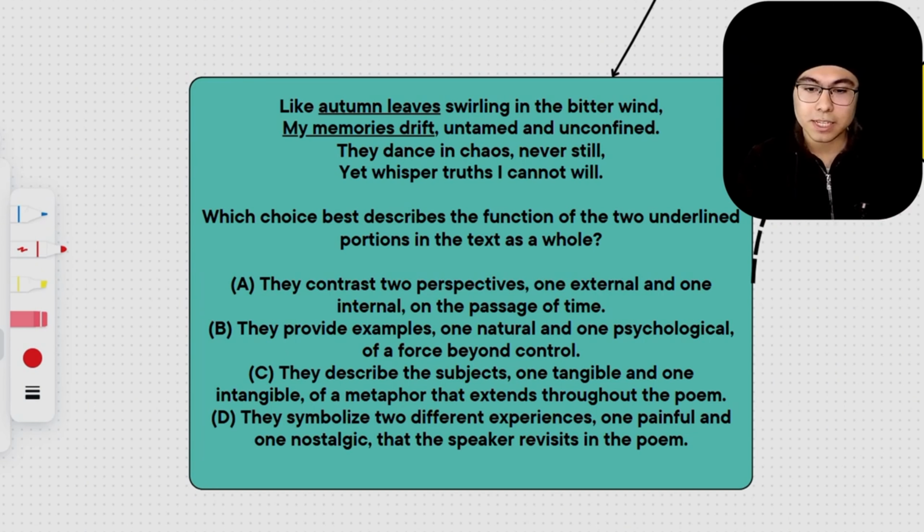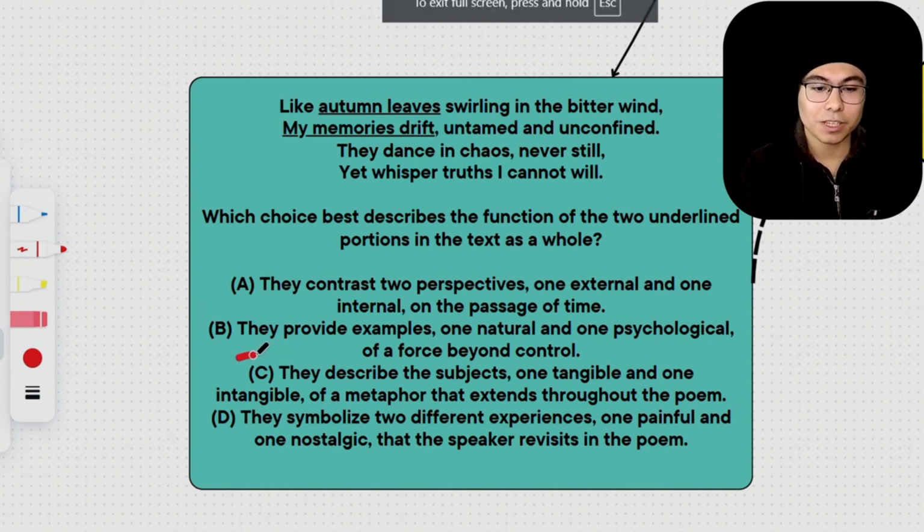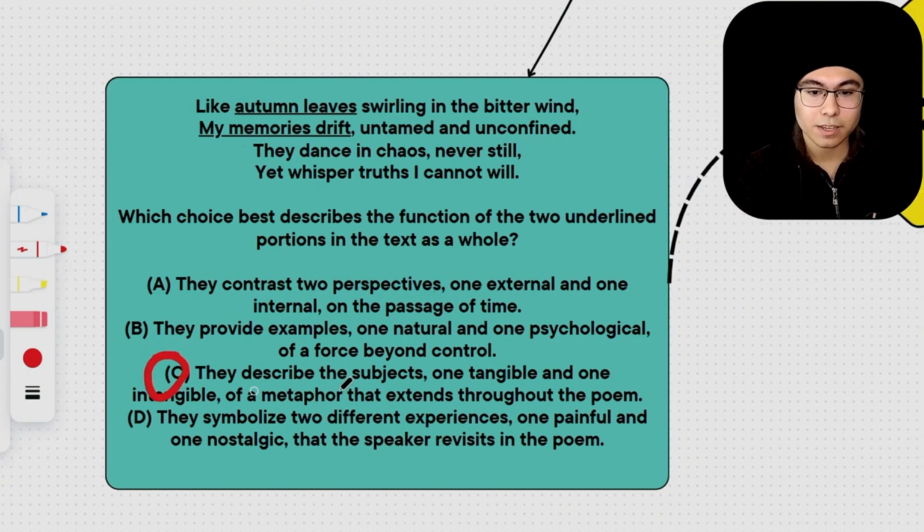Now let's look at choice D. They symbolize two different experiences, one painful and one nostalgic, that the speaker revisits in the poem. Well, the poem never says that one is painful and the other is nostalgic, so that's an assumption, I believe. So as you can see, I believe the best choice here is choice C.